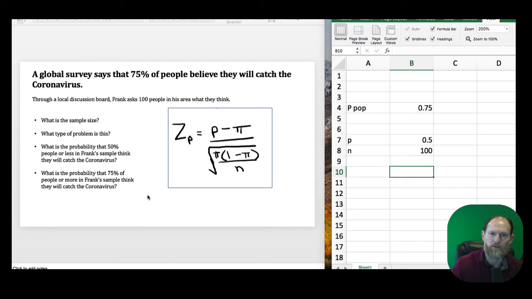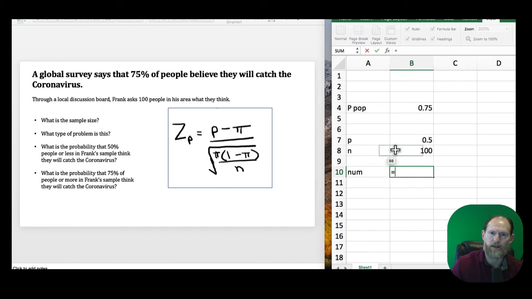Okay, so I'm going to use this formula right here. All right, so what I'm going to do on my model over here is build this numerator first. And we'll call that numerator. You can call it whatever you want to, just as long as you remember what it is.